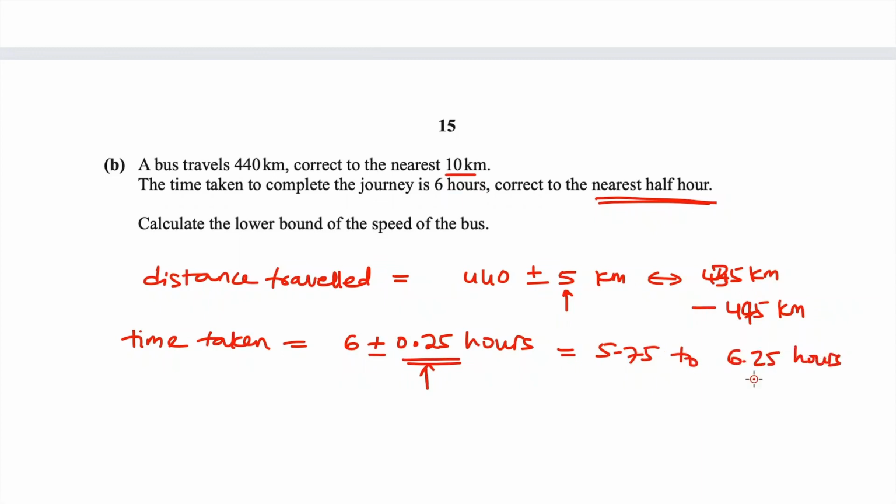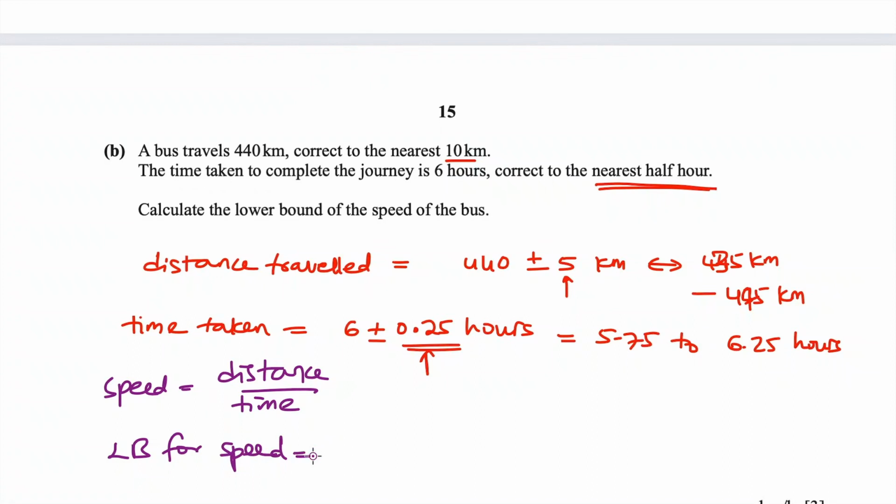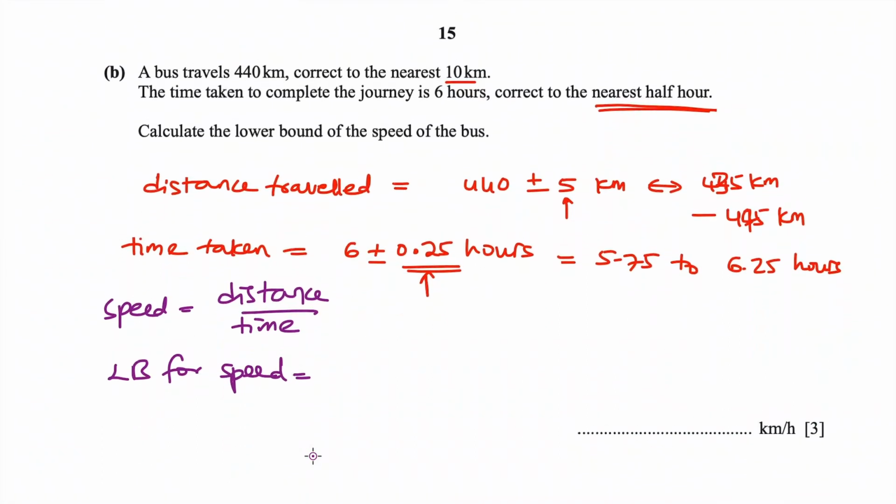Now what are they asking? The lower bound. So first of all, before we go further, speed is equal to distance by time. So therefore, I want to calculate the lower bound for speed. When we are dividing things, what will be the lower bound? It is the lower bound for distance divided by the upper bound for time. Why?